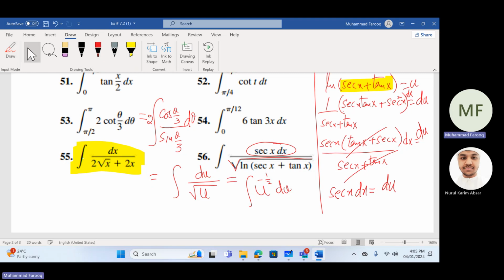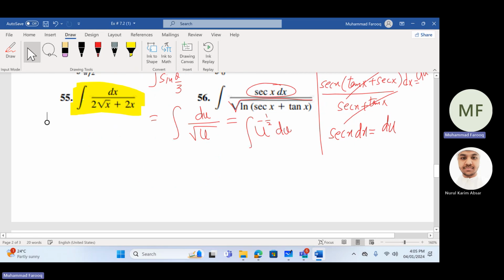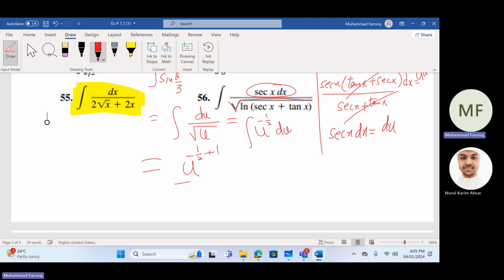Negative half plus 1 is half. So you have u power minus half plus 1, divided by minus half plus 1, plus c because it is indefinite, there is no limit. Half flips, which gives 2 times u power half.